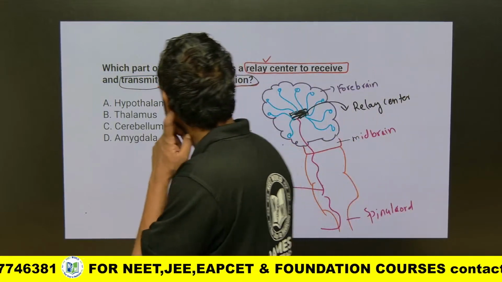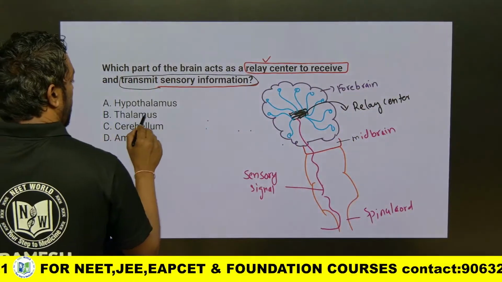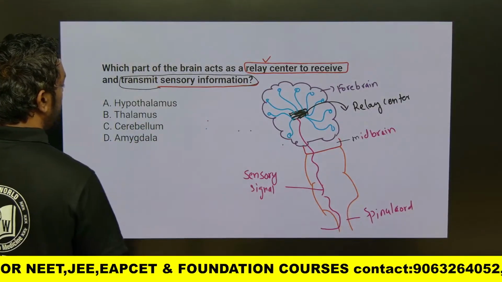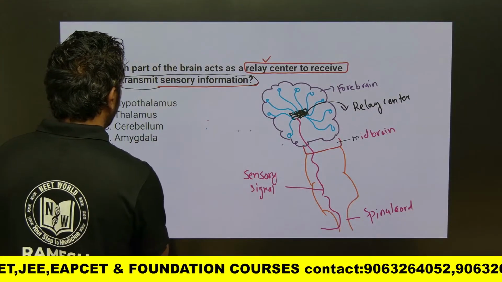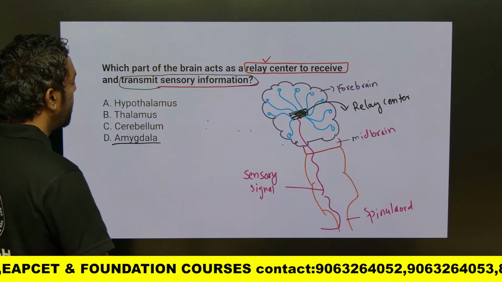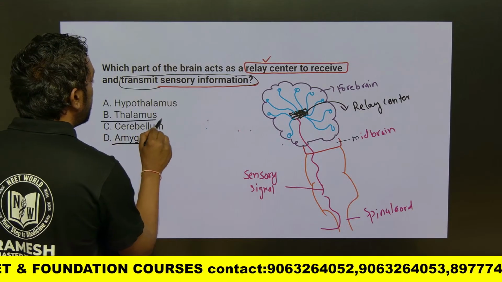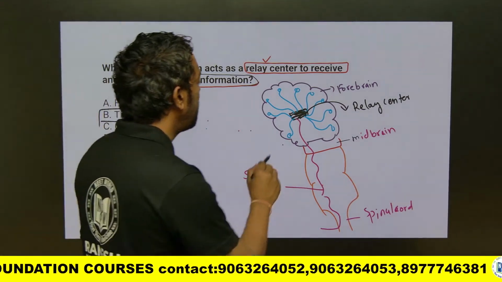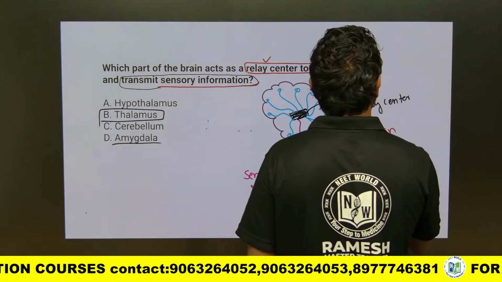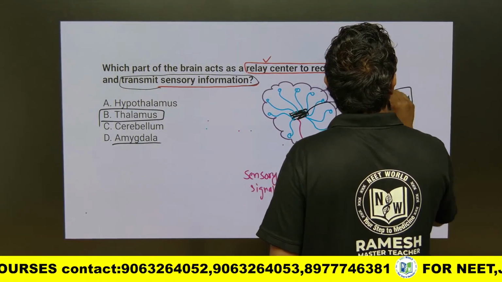The options are hypothalamus, thalamus, cerebellum and amygdala. Guys, thalamus is the relay center here. Thalamus is the relay center.